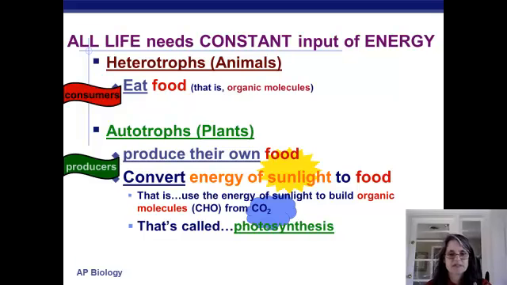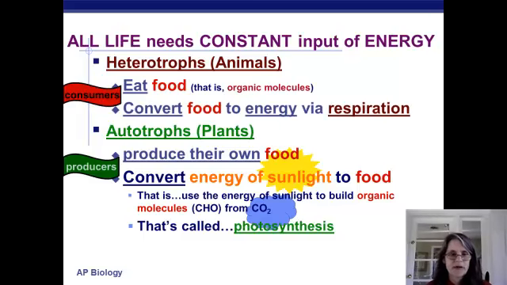That's photosynthesis, building organic molecules using carbon dioxide as the fundamental way to get the carbon. Remember, organic molecules require the presence of carbon. They're going to use the CO2 and the energy of sunlight to push those CO2 molecules together into a big complex molecule, and then they're going to break it down and get energy out of it.